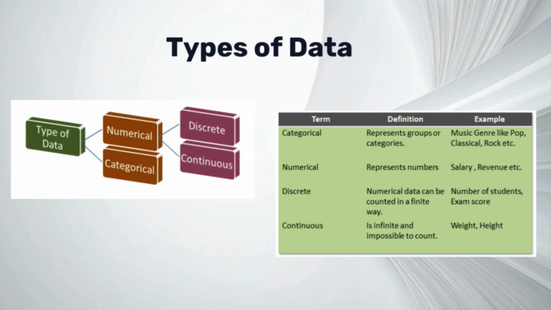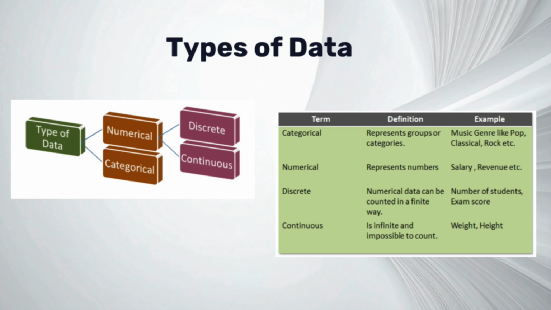Numerical represents a number, such as salary, revenue, etc. Now, under numerical, we have discrete and continuous. Discrete is numerical data that can be counted in a finite way, for example, the number of students or exam score. And what is continuous data? It is infinite and impossible to count, for example, weight and height.